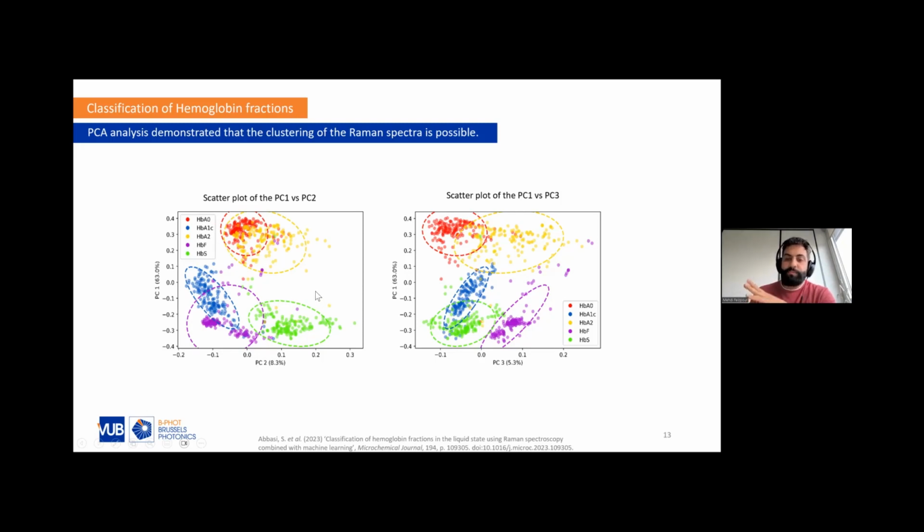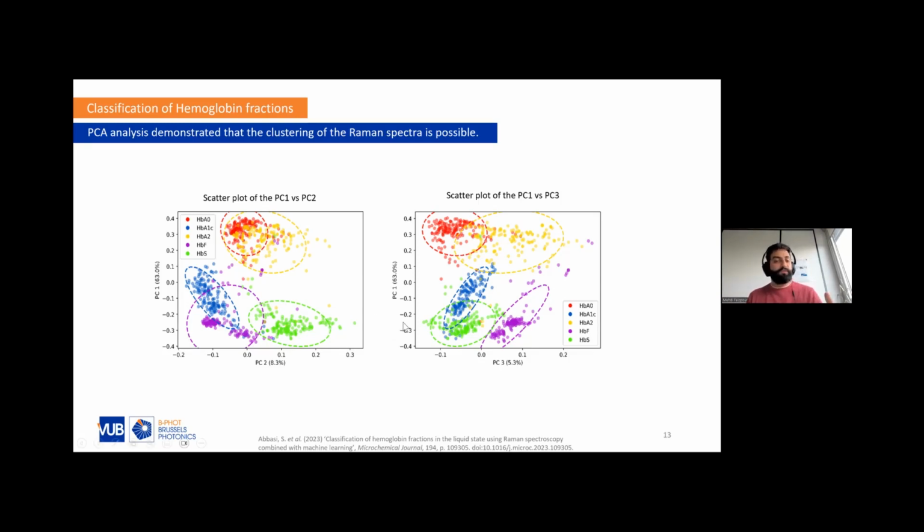Yeah, so if I look at, for example, HbA2, HbA0, you can see that here they actually overlap highly. But when I move on to here, you see that there is an overlap, but it's better. So there is a lot of information there with different principal components that you can actually use to somehow say that, oh, okay, my spectrum belongs to group HbA0 or group HbA2.